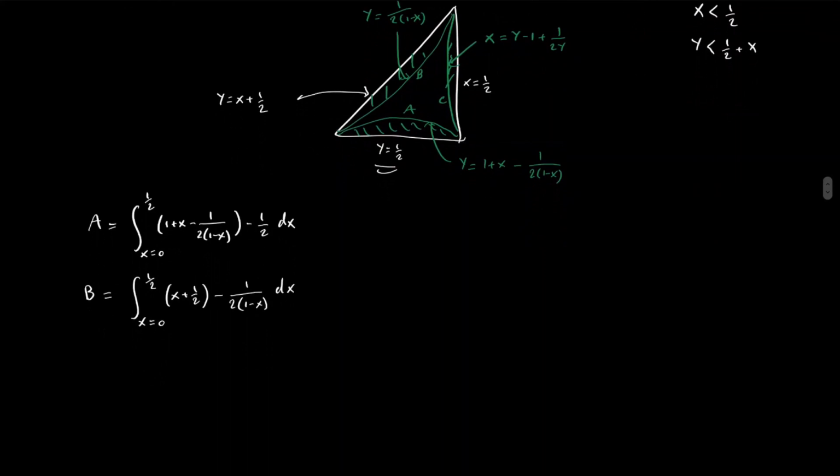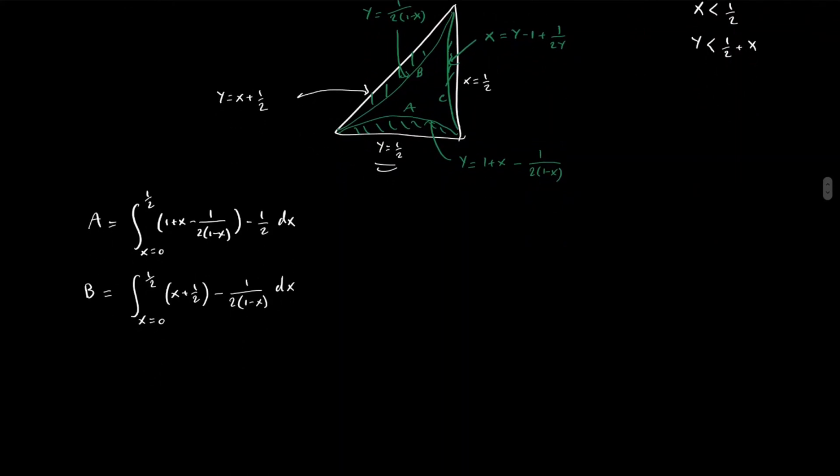And finally for C, we have to do things a bit differently because this time we are going to do the integral over the variable y from y equals 1/2 to 1 of 1/2 minus y minus 1/2 plus 1/(2y) dy. So let's go ahead and calculate these integrals.